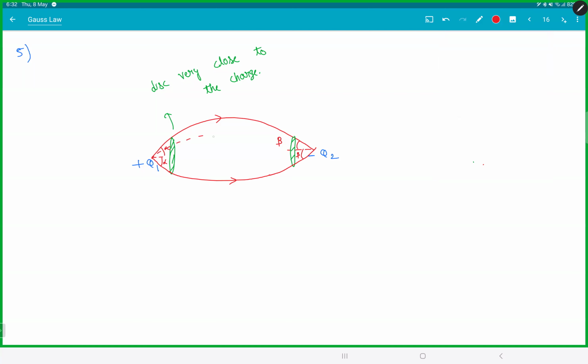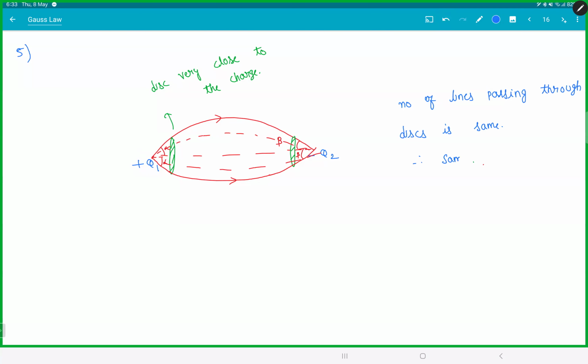Every line that passes this first disk will cross the second disk. So can I say the flux passing through both the disks is same? The number of lines passing through both the disks is same. Therefore, the flux due to Q1 must be equal to flux due to Q2.